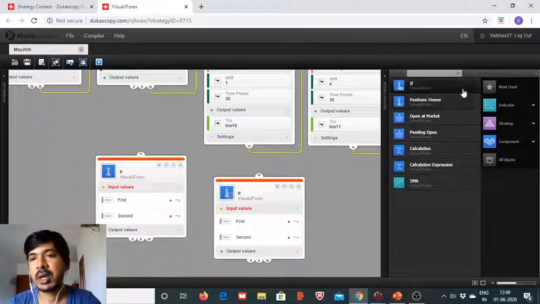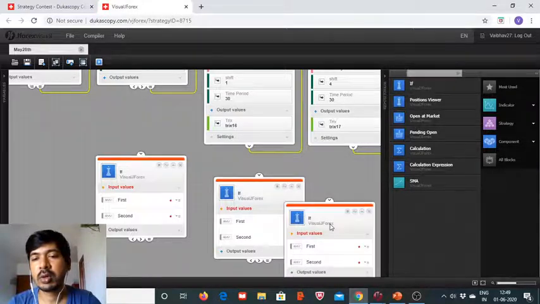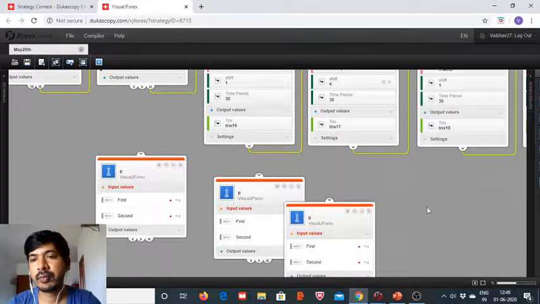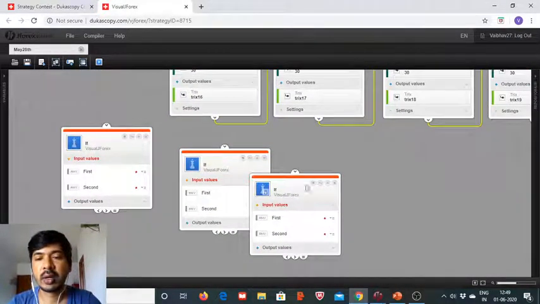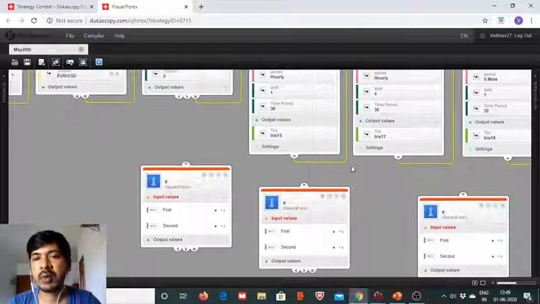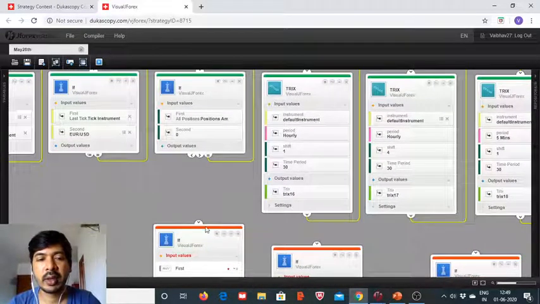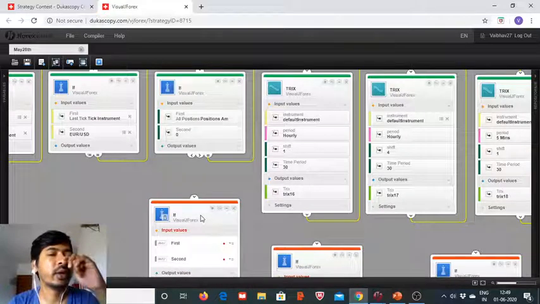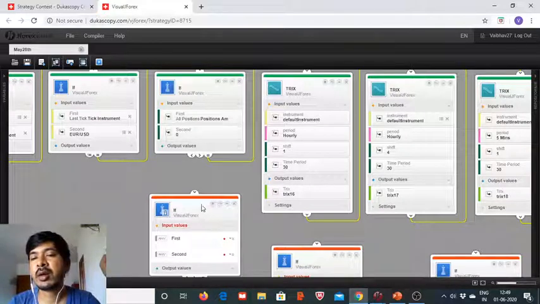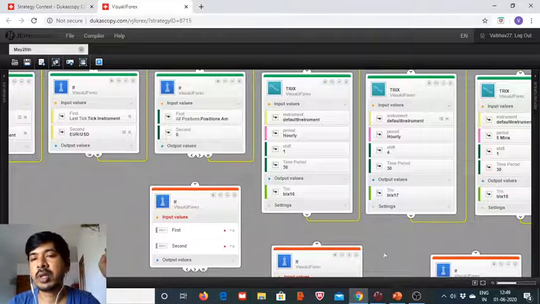So here we are going to need to make sure that the hourly TRIX value is falling and it is below 0.